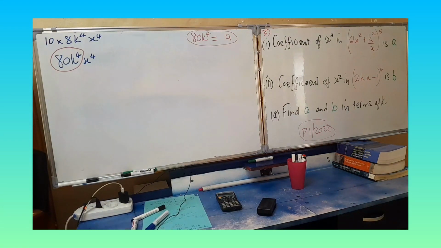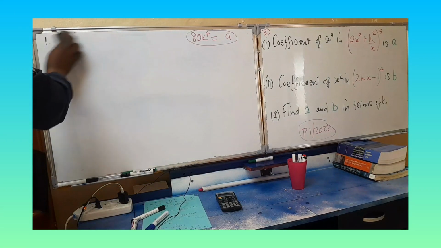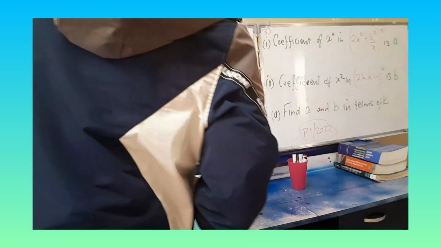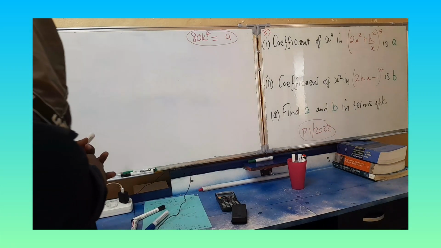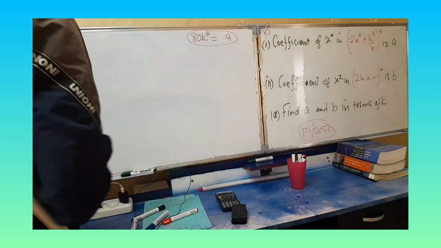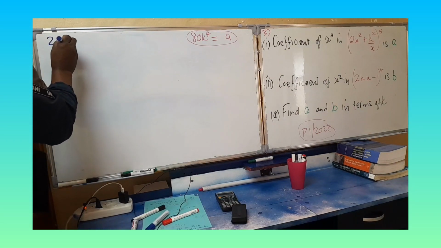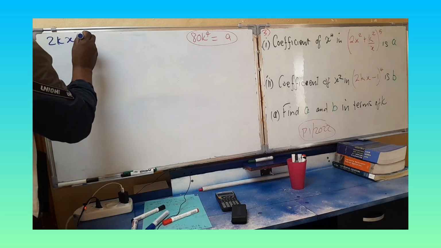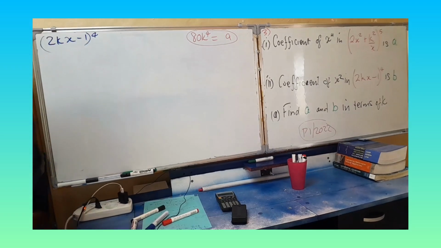Now let's deal with our second part of the question there. Right, it says the coefficient of x squared in the expansion of 2kx minus 1 to the power 4 is B. So our expression is 2kx minus 1 to the power 4.